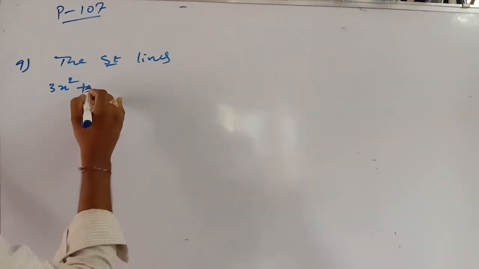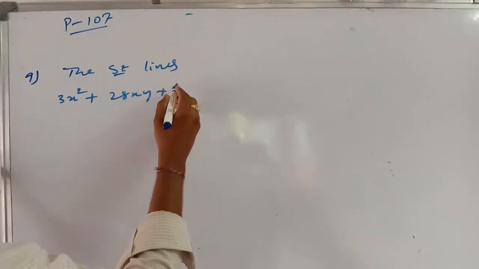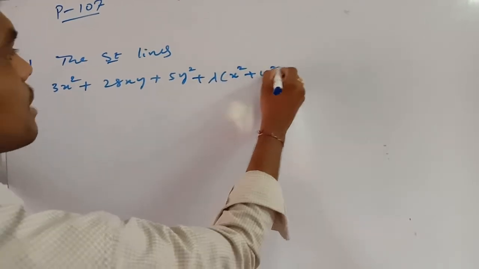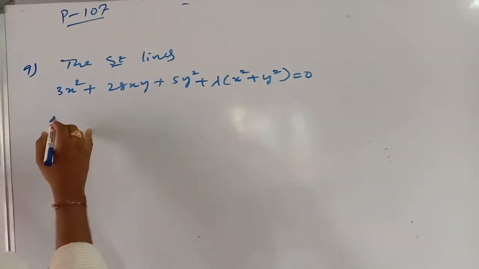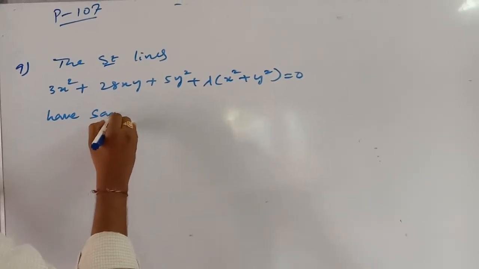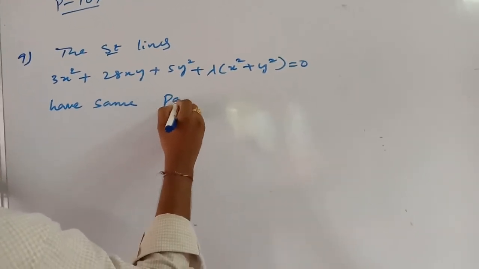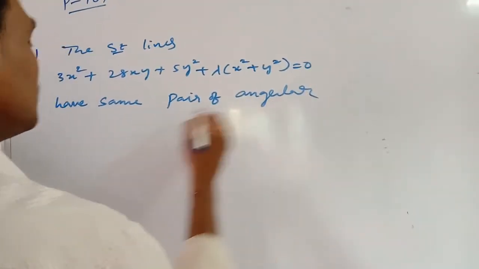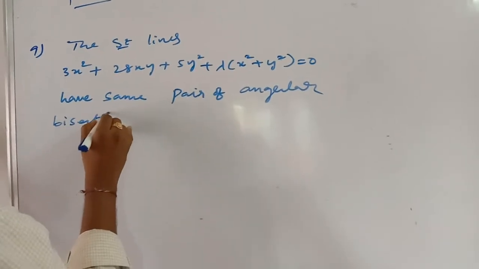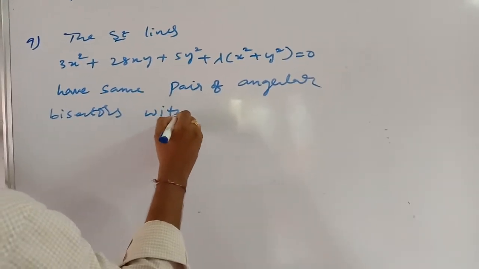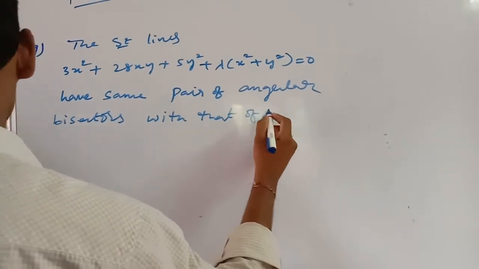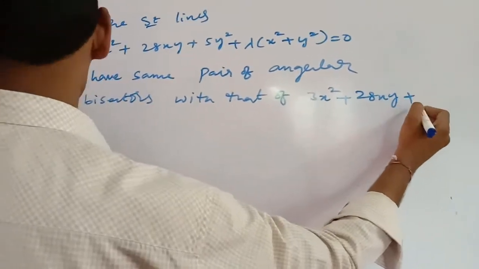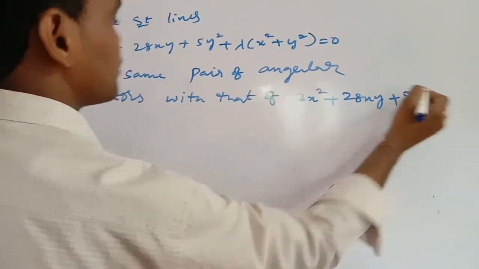3x square plus 28xy plus 5y square plus lambda into (x square plus y square) is equal to 0 have the same pair of angular bisectors as 3x square plus 28xy plus 5y square is equal to 0.